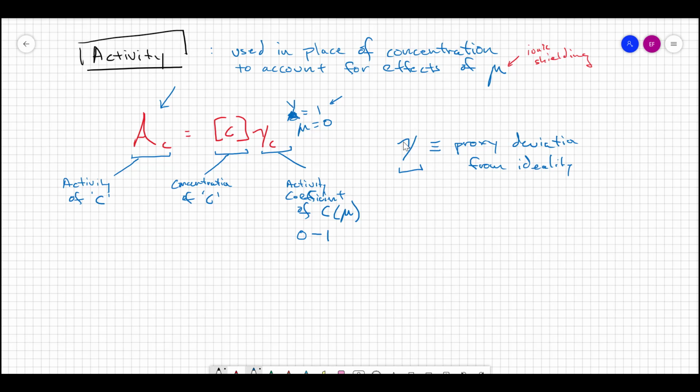Activity is essentially telling us the apparent concentration of C rather than the theoretical concentration. By apparent, I mean if you were to zoom down to the molecular ionic level and look at the availability of ions in solution, activity would be a better proxy of that because it's compensating for the fact that many of those ions have been largely shielded by other ions in solution.